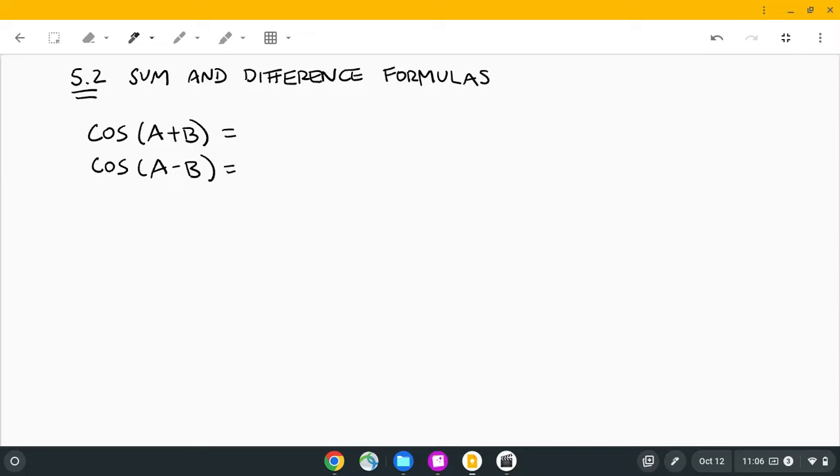Not for all angles, but for some of these angles, like 75, we could evaluate it using the sum and difference formula. This is how it works.